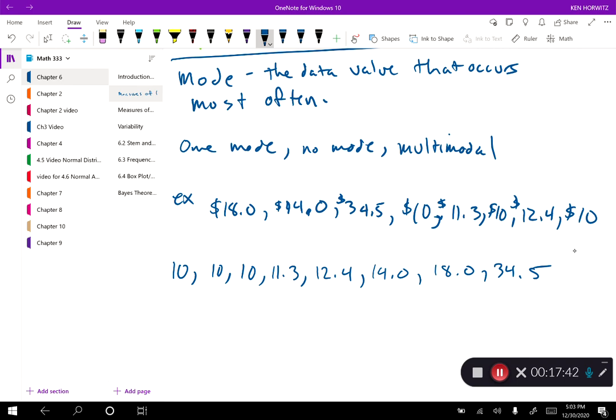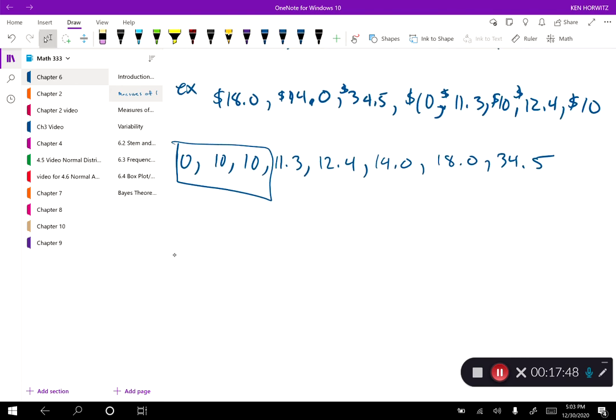What we see from here is that 10 occurs 3 times. So the $10 million signing bonus is the mode.